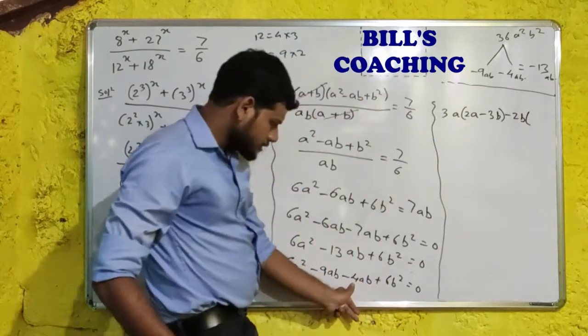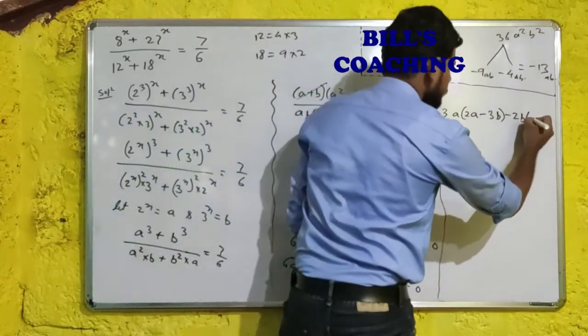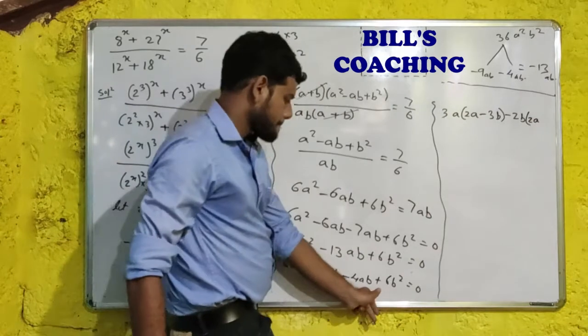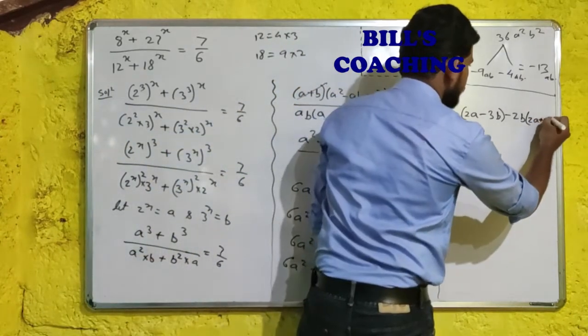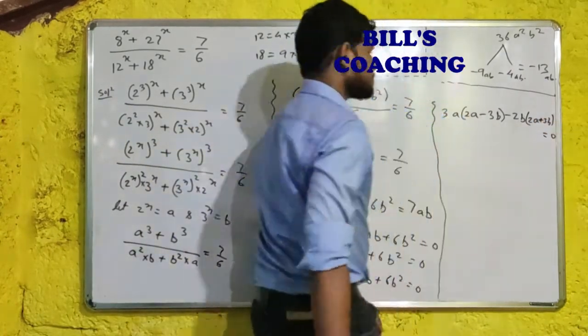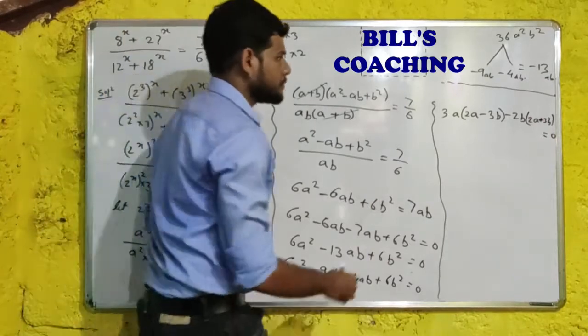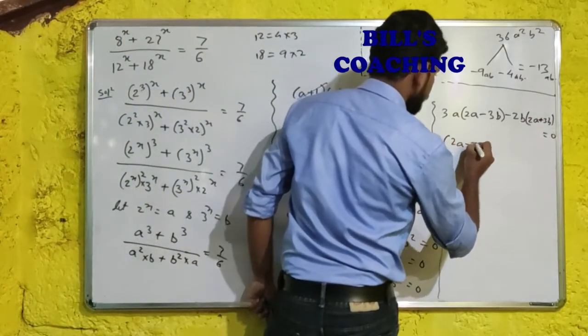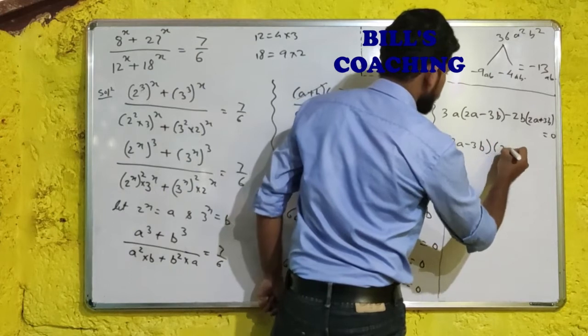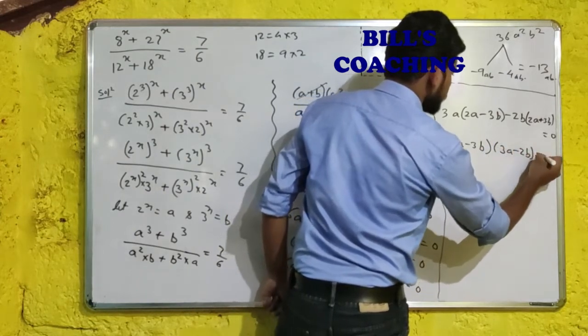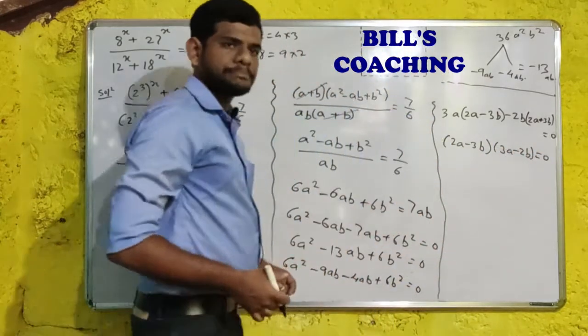So what we'll get is 2a plus 3b is equal to 0. Clear? Now we have (2a − 3b)(3a − 2b) = 0.